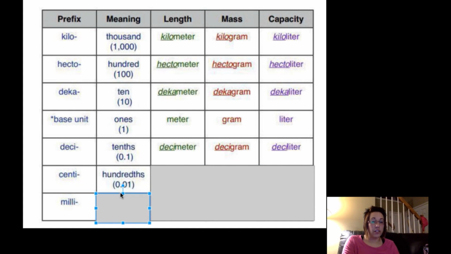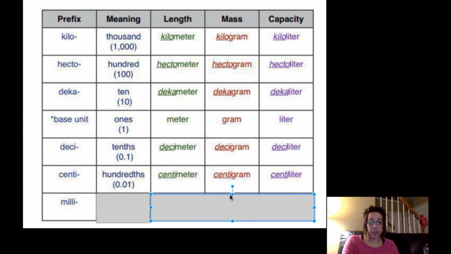Centi is actually our hundredths. So there are 100 centimeters in a meter. There are 100 centigrams in a gram. And there are 100 centiliters in a liter. Milli is the last one that we will learn, and that is our thousandths.